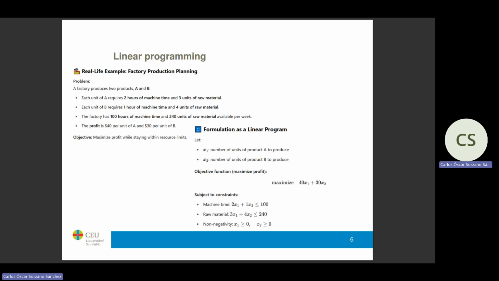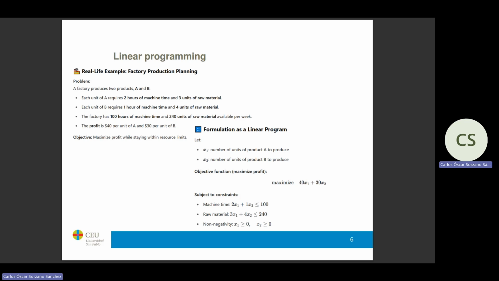Okay, so let's say that you are the manager of a factory, and this factory produces two products, A and B. A requires 2 hours of machine time and 3 units of raw material, and B can be manufactured in the same machine.